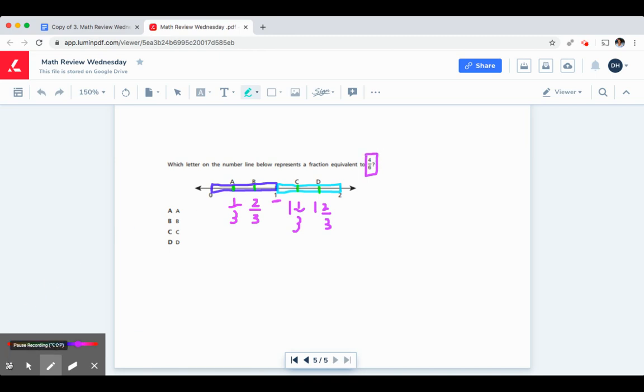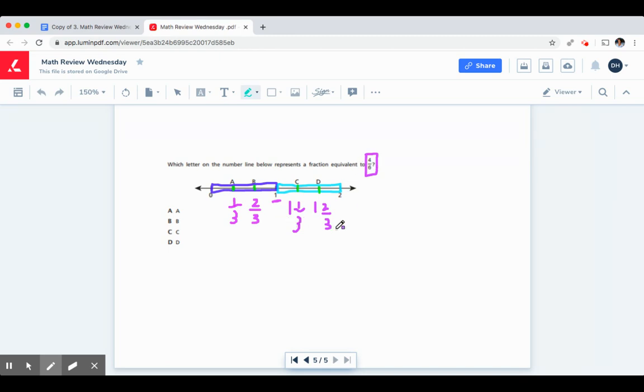So none of our hatch marks are labeled as 6. We were counting by thirds on this number line. So to figure this out, we have to think about equivalent fractions. So we need to figure out which of these fractions would be equivalent to 4/6.